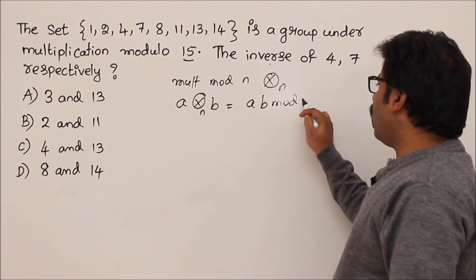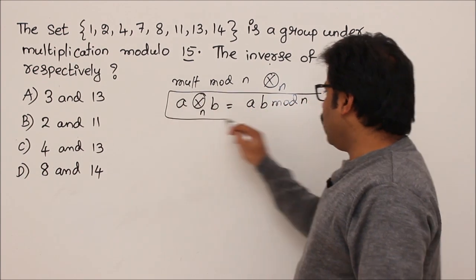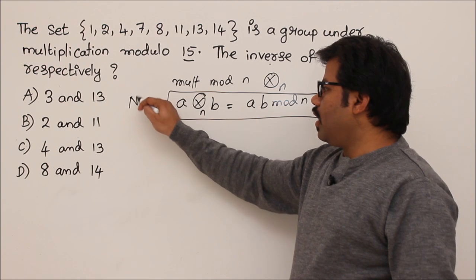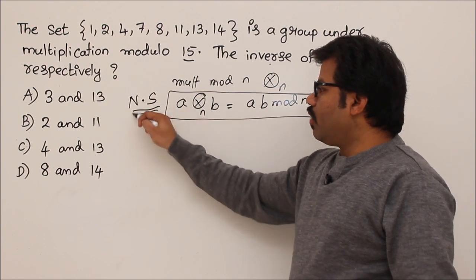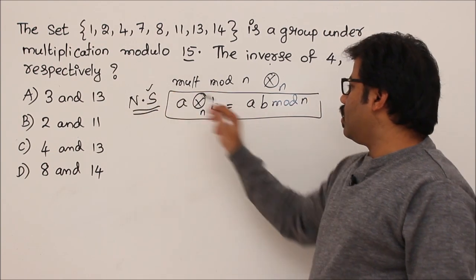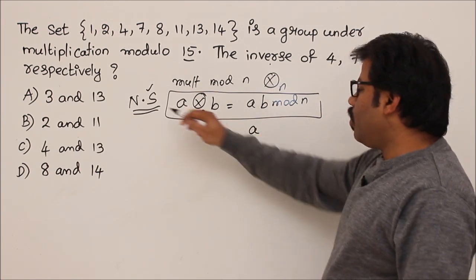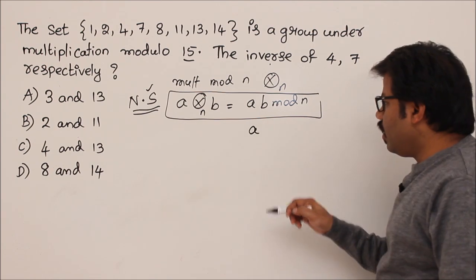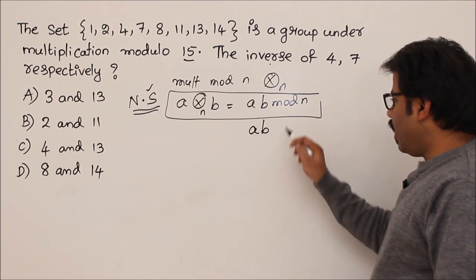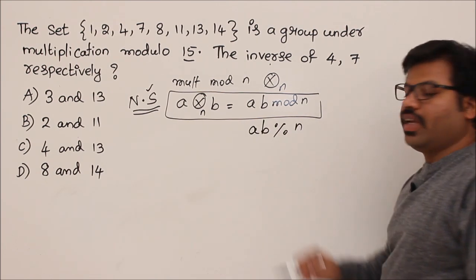I already explained what the mod n operation is in computer networks, especially network security. In network security, I covered this operator called mod n, right? And for the people who did not attend those network security lectures yet, it is a times b percent n, that's it, very easy.